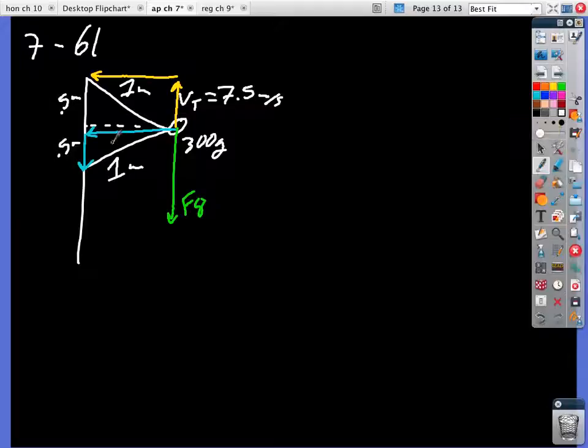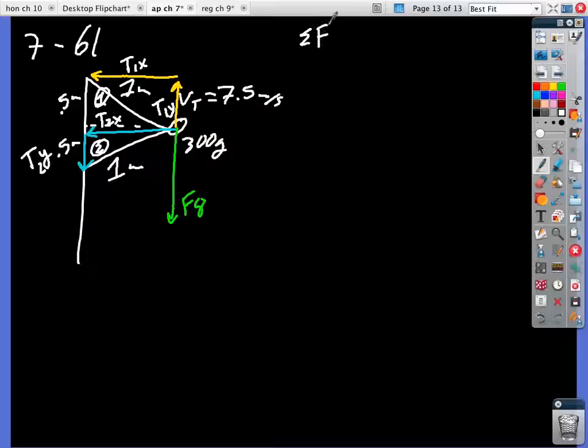So if we call the top one 1 and the bottom one 2, then we can say that this is T1Y, T1X, this is T2Y, this is T2X. So now we just sum some of the forces, right?